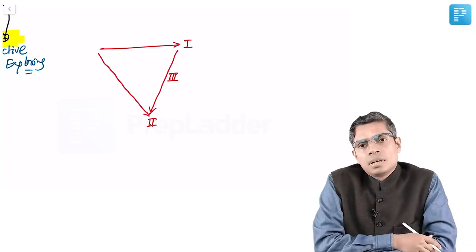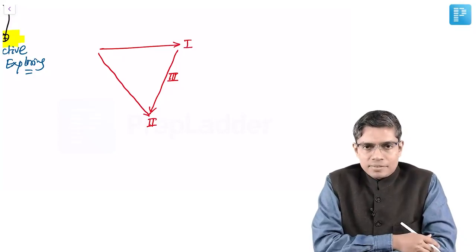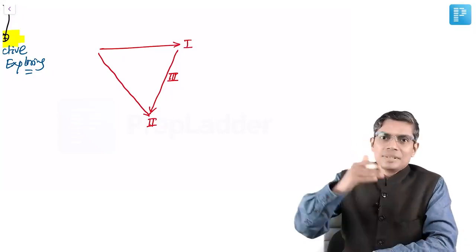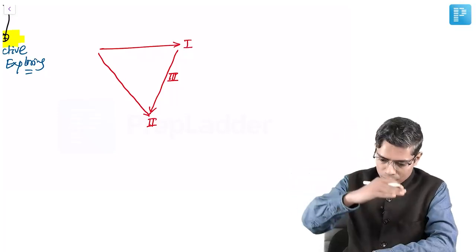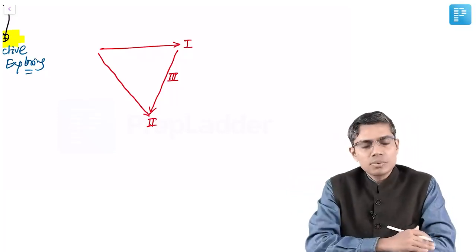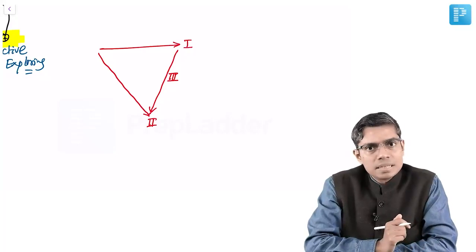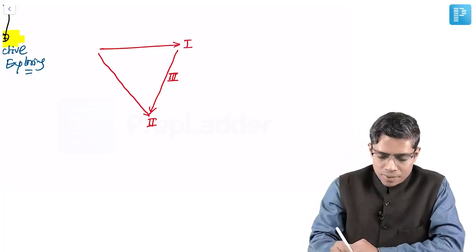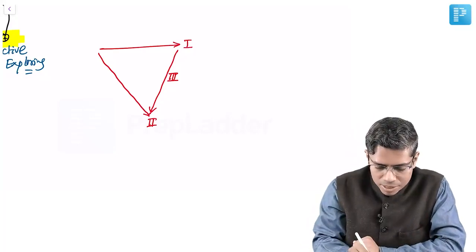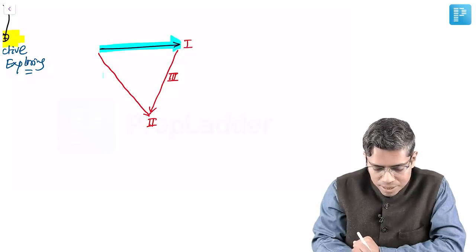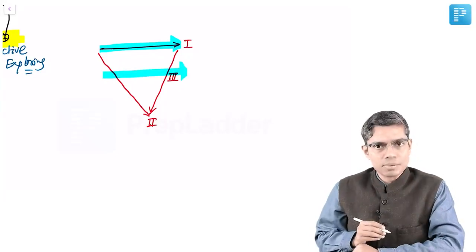Now you also know that a voltage vector, or any vector, can be shifted parallelly from one region to another without changing the amplitude or the direction, right? So I want to shift lead 1. Lead 1 was originally here. Now I am parallelly shifting it here. This is the new location of lead 1.